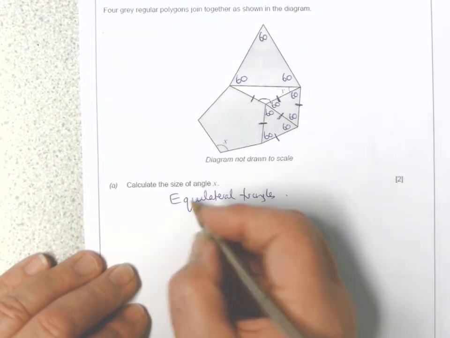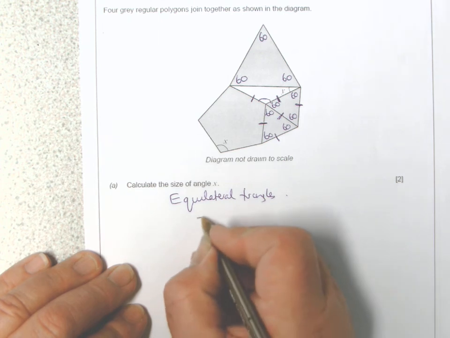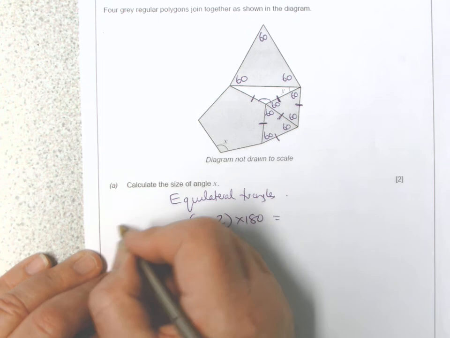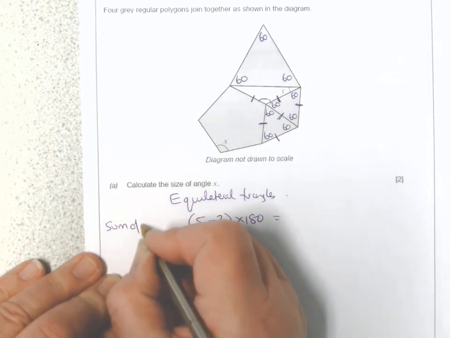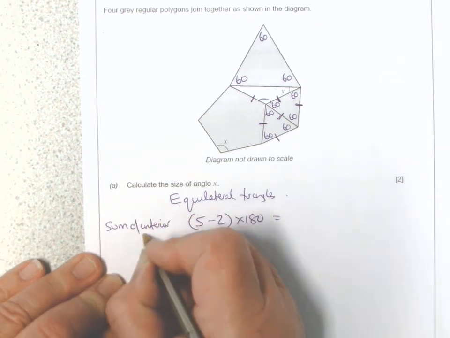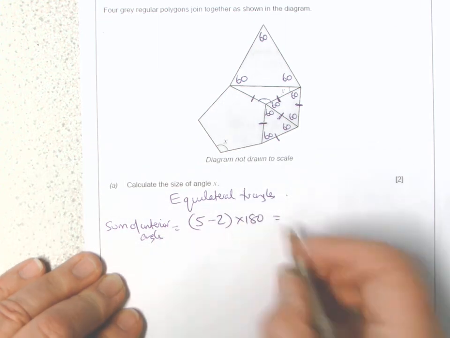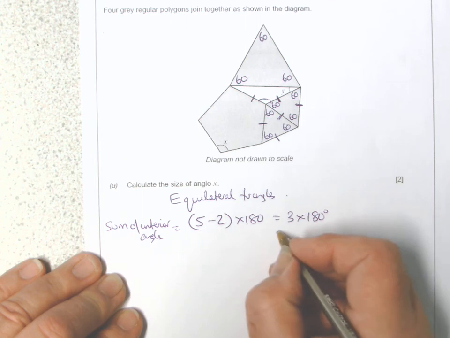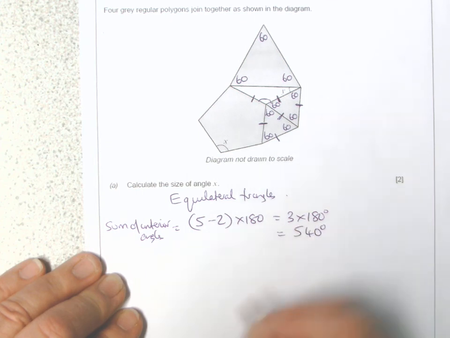So to find the angles in the pentagon, 5 sides, take 2 away, and times by 180 to find what the sum of the interior angles are. So that's 5 take away 2, that's 3 180s, which is 540 degrees.